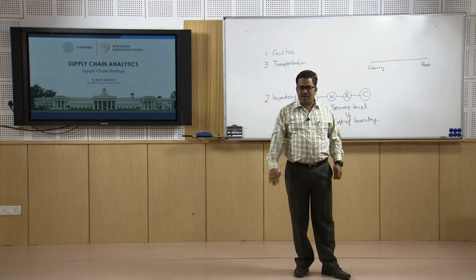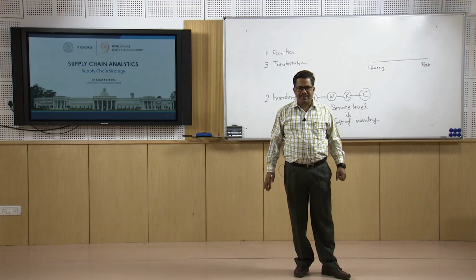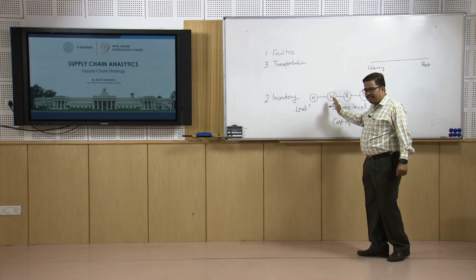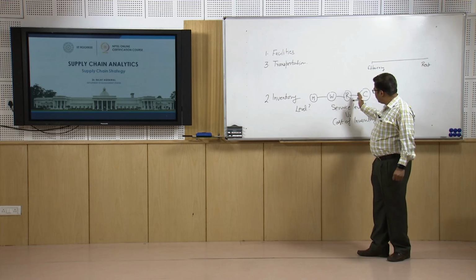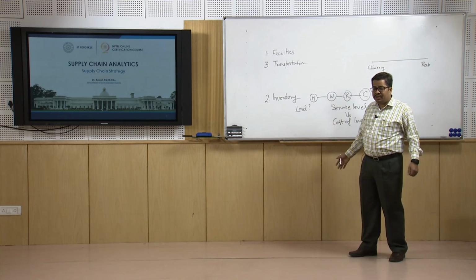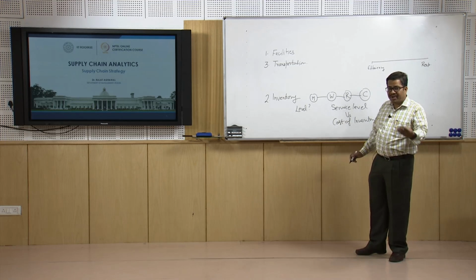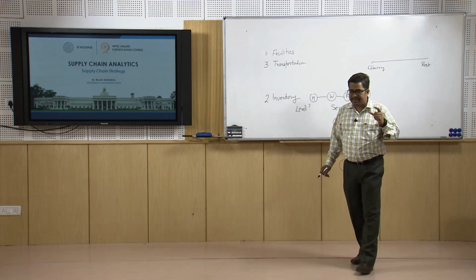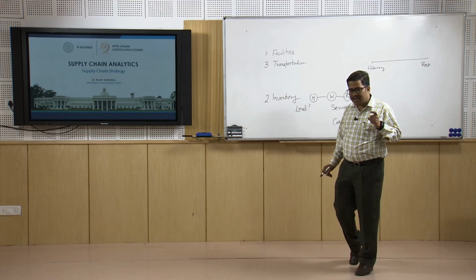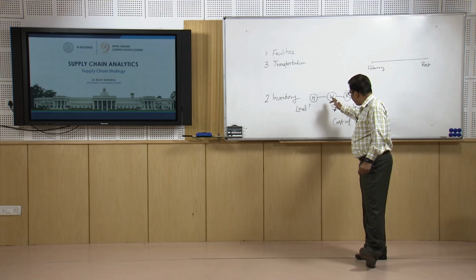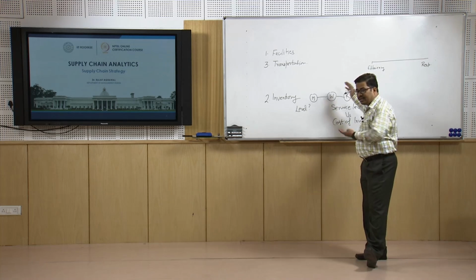So now we are talking about logistics and transportation, the movement from one end to another, from warehouse to retailer, retailer to customer, manufacturer to wholesaler. And nowadays e-commerce is a very current buzzword in the area of supply chain, where products move directly from manufacturer or wholesaler to customer, bypassing the retailer.